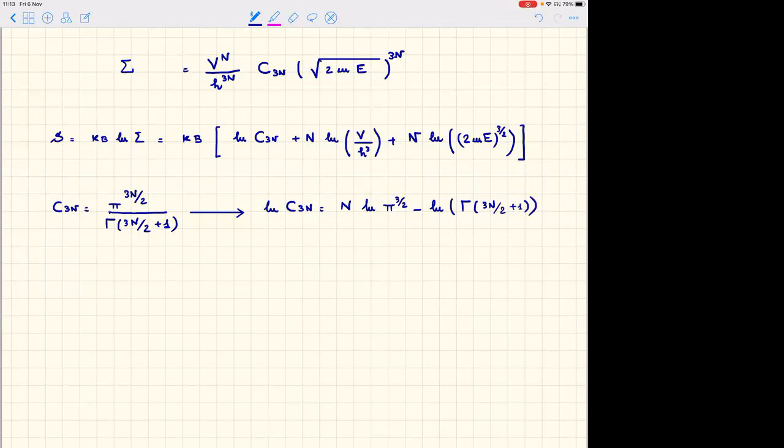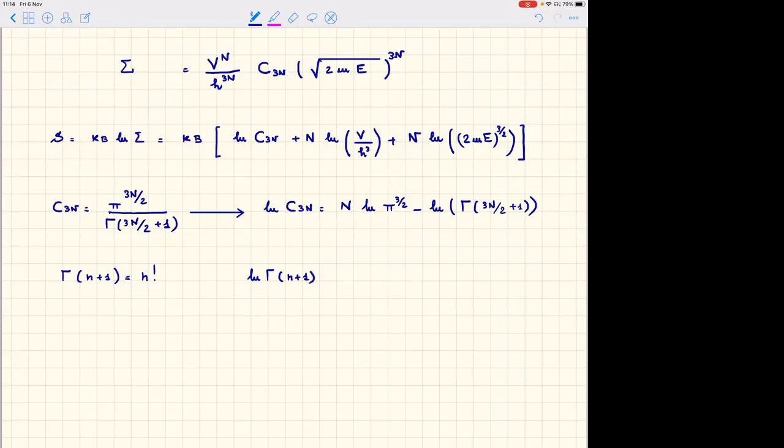And now I have to remember something, that gamma of n plus 1 is equal to n factorial, right? If n is an integer, correct? So therefore, what you know as the Stirling formula, the Stirling approximation, is actually an asymptotic expansion.